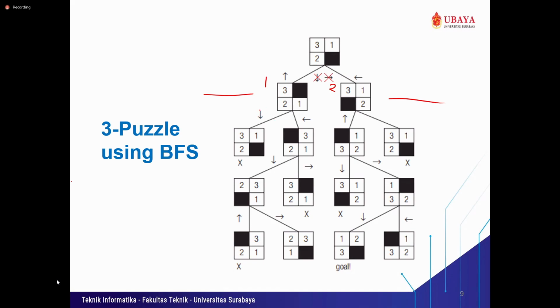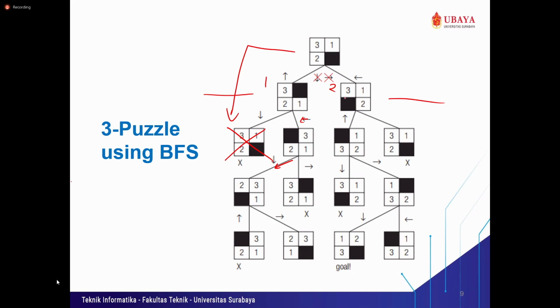There are either down or left here, right? But if you go down, it will create something you already created, so no. So it's left. The difference from DFS is that rather than going to the next ones first, you go to the parallel ones.